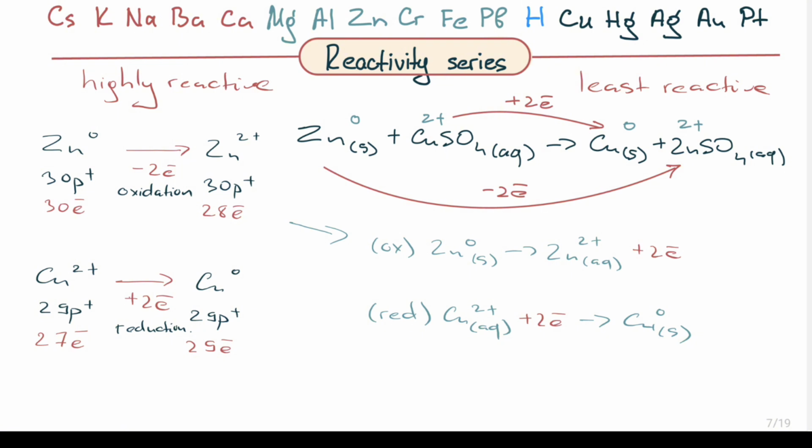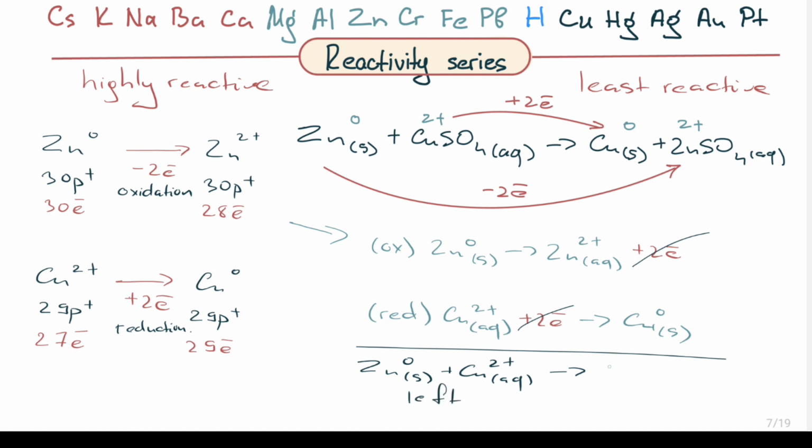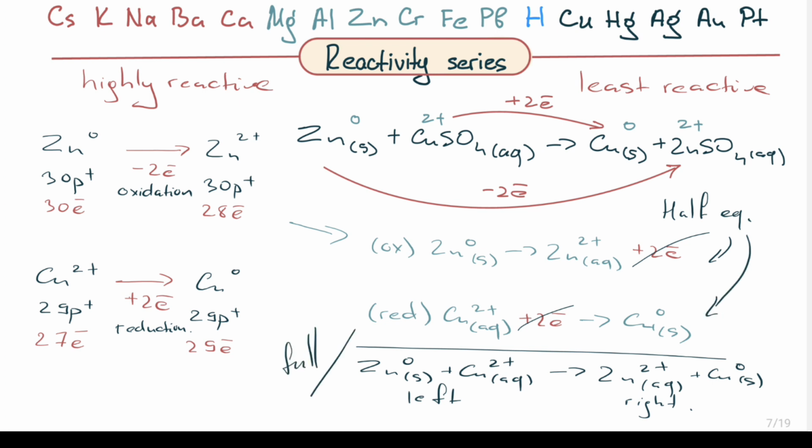Electrons from the left and right side can be cancelled. Just copy the left side, zinc 0 plus copper 2 plus, and copy the right side, zinc 2 plus plus copper 0. So here we have the half equations for the oxidation and reduction processes, and the full ionic equation.